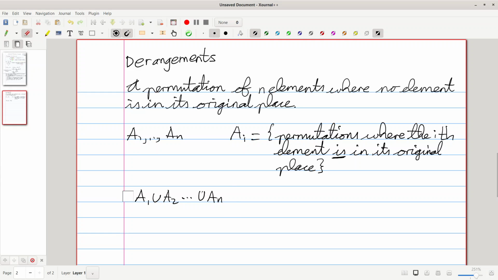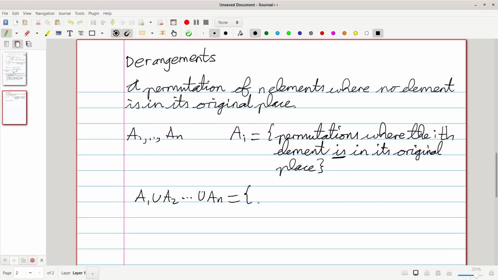Not the number yet, we're just looking for the set itself. As I said before, intersection is sort of like and, union is sort of like or. So the union of all of these is the permutations where the first element is in its original place, or the second element is in its original place, or the third element is in its original place, up until the nth element.